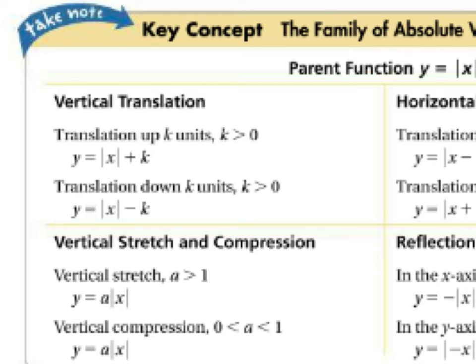If you have an absolute value and then plus a number on the outside, that means it's going up by that amount. If you have a minus a number on the outside, that means it is going down. So outside is either up or down.